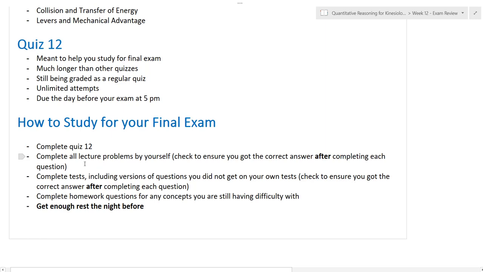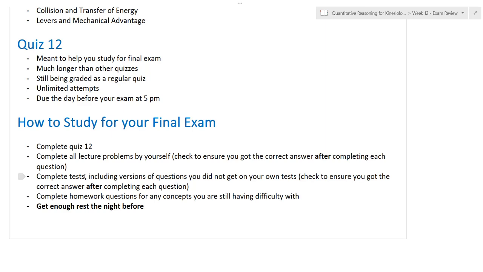Once you're done that and you still want more practice, you can start going into the tests. You can complete all the tests. You can look at your test, but you can also look at the test solutions, which include all the different versions of questions that you might not have gotten on your own tests. Again, I recommend you try them on your own. Hide the solutions, and then check the solutions and the final answer to make sure you're getting them correct.